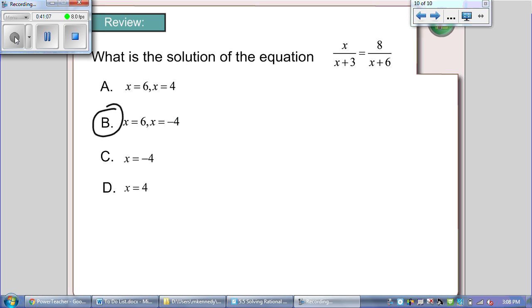Listen to Ty. Ty has a quick solution to this. You see how these equal each other? That means literally these equal each other. So what numbers you plug in here to there should equal the exact same. Does that make sense? Do it. Do -4. Prove that -4 works.